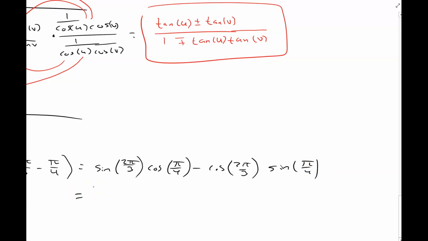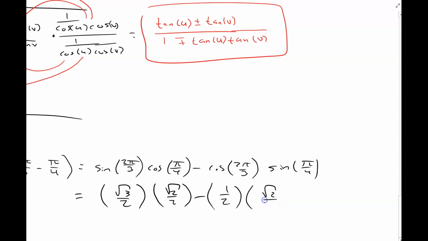And then if I go to my unit circle, sine of 2 pi over 3 is root 3 over 2. Cosine of pi over 4 is square root 2 over 2. Cosine of 2 pi over 3 is a half. And sine of pi over 4 is square root 2 over 2. So we get the same thing that we got before, square root 6 minus square root 2 all over 4.